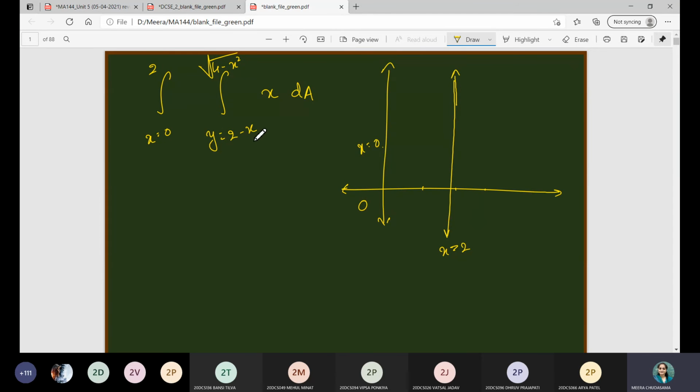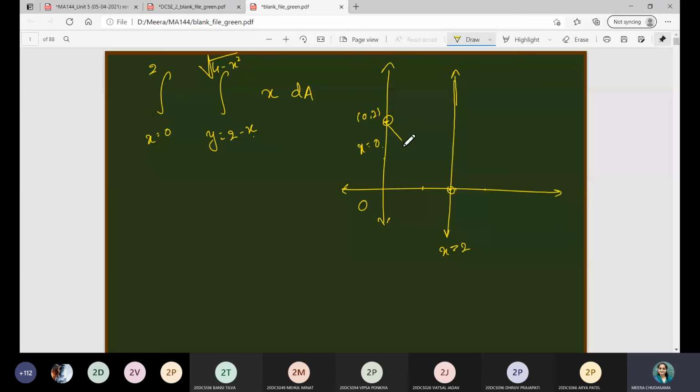Then y is equal to 2 minus x. So when I consider x is equal to 0, the y variable will take the value 2. So suppose I can consider this as 0, 2. So one intersection point will be this one. At x is equal to 2, y value is 0. That means one intersecting point is this one.